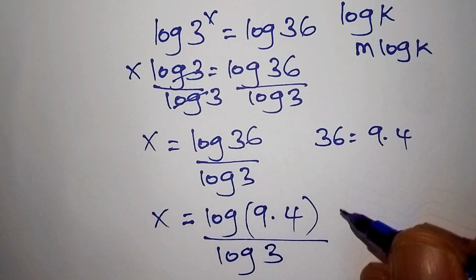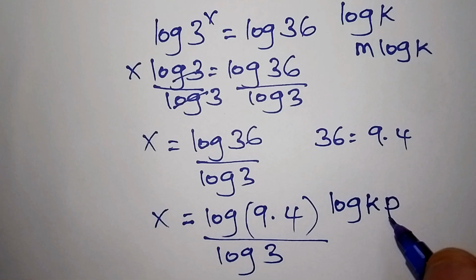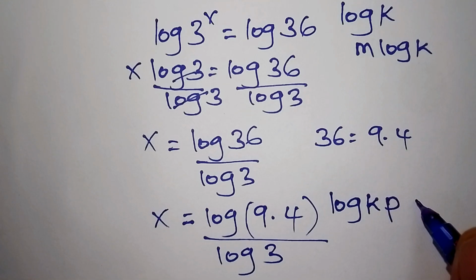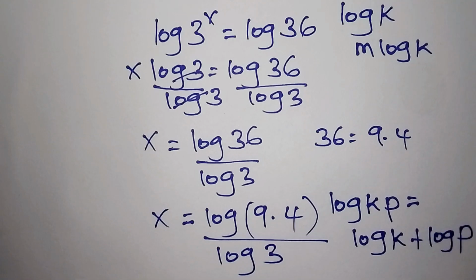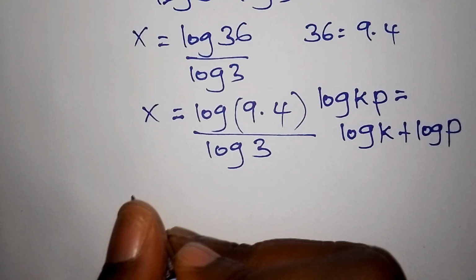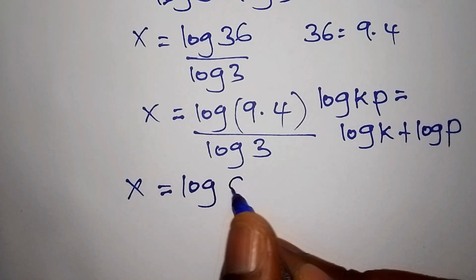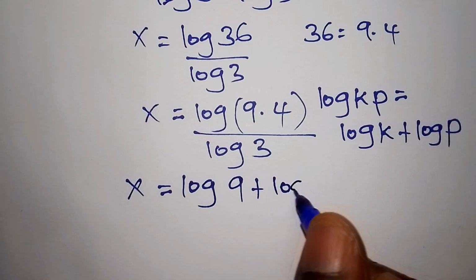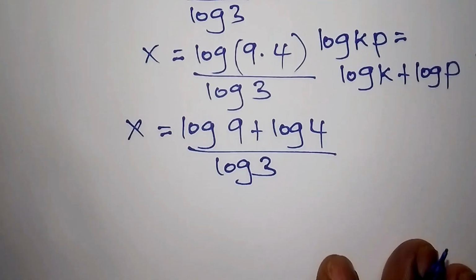Assuming that we have, for example, the log of kp, meaning that k multiplied by p, we shall still have this one as the log of k plus the log of p. So the value for x can be written as the log of 9 plus the log of 4, all over the log of 3. From here we shall divide both sides by the log of 3.